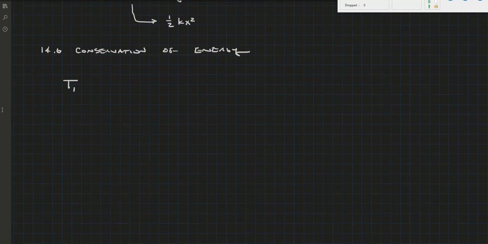So we have this T1, and then we added to it the summation of work from 1 to 2, and that was equal to T2 as before. But now we're going to pull out the potential energy from this work, and the potential energy that occurs initially in our problems. We'll think of this as sitting on the left side. So V is our potential energy.